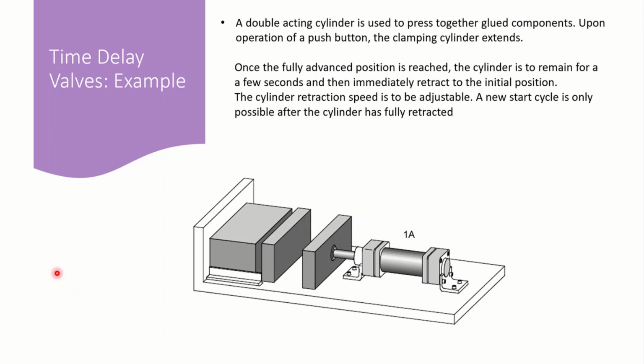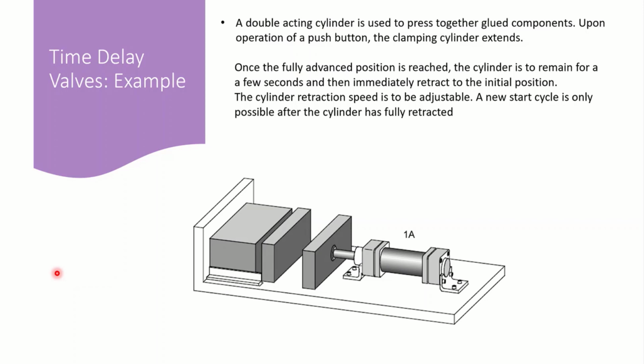And finally, it says a new start cycle is only possible after the cylinder has fully retracted. What it means is we have to look at the position of the piston inside the double acting cylinder, and we should have a sort of checking. Once it reaches the fully retracted position, we have to inform the system that we are in a fully retracted position. Therefore, we have a link between the position and another directional control valve within the pneumatic circuit.